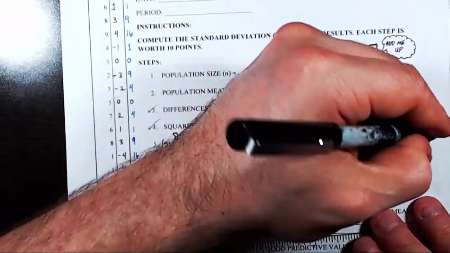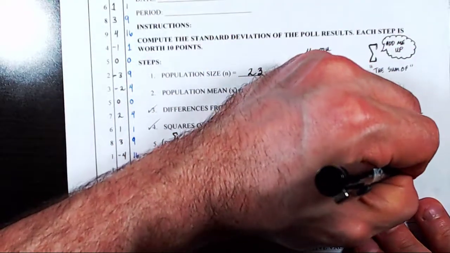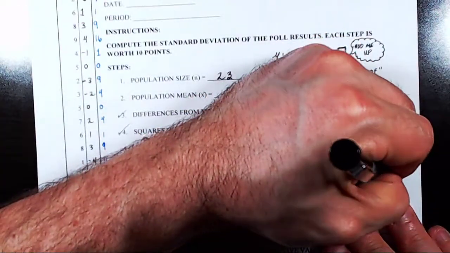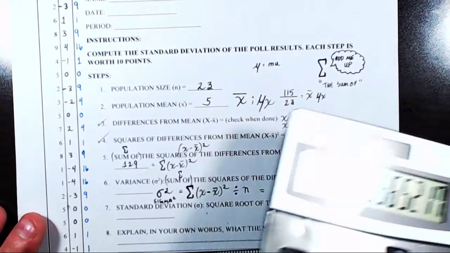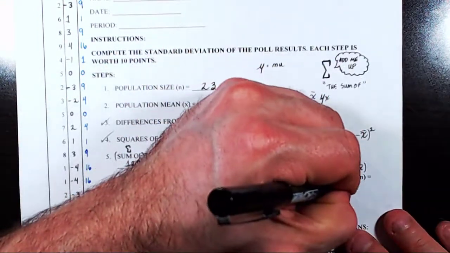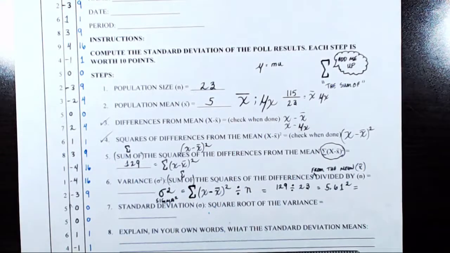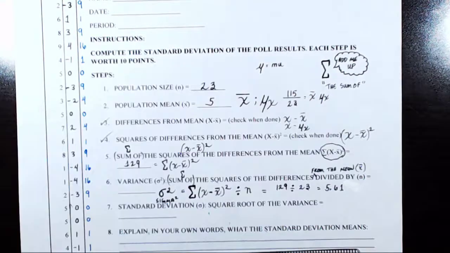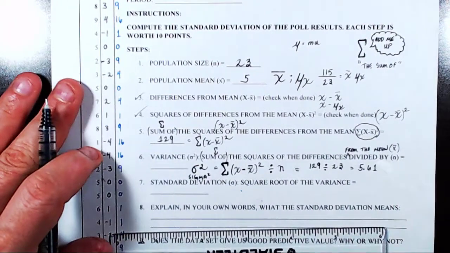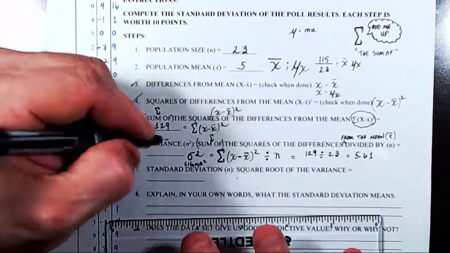Now we need to square that value. Oh, I'm sorry, we made a mistake here. We don't square that value. Just some little magic marker erasures. Okay, so 129 divided by 23 is 5.61. I got a little ahead of myself.